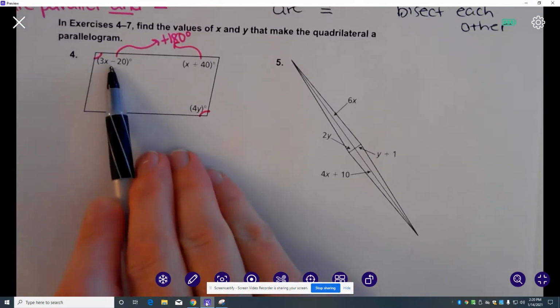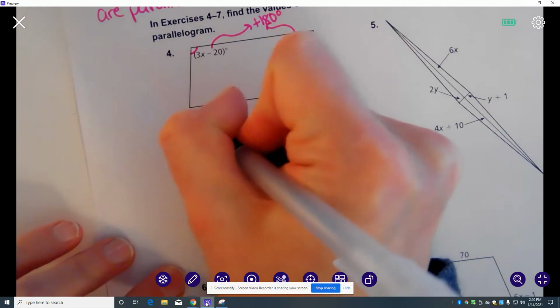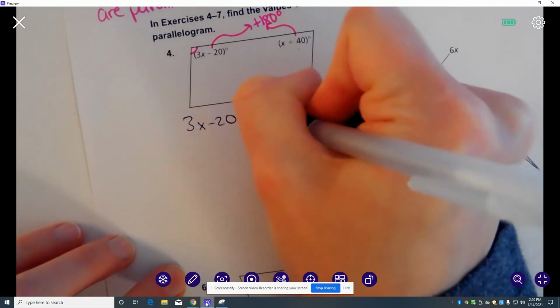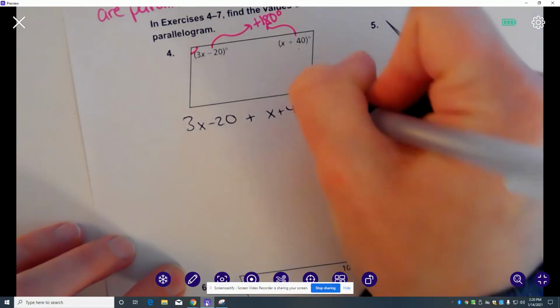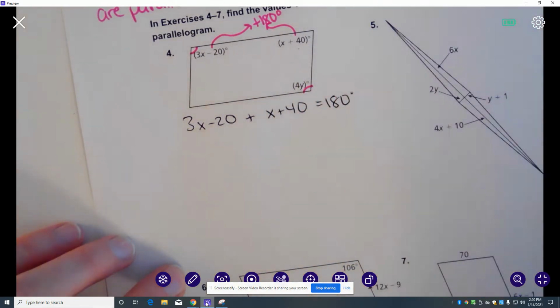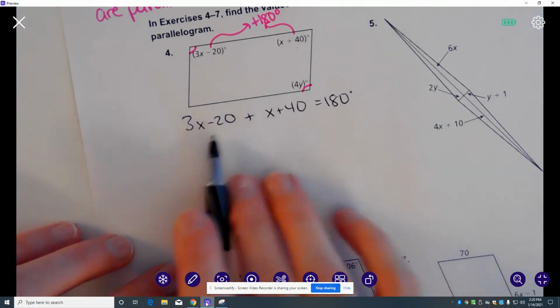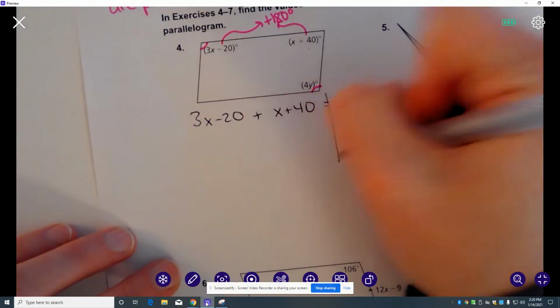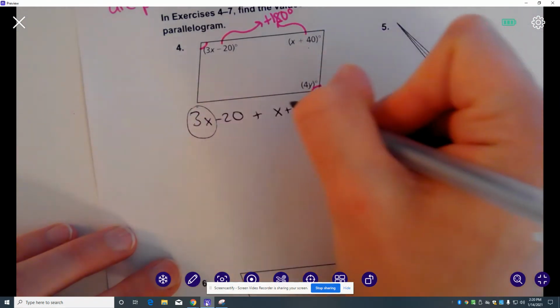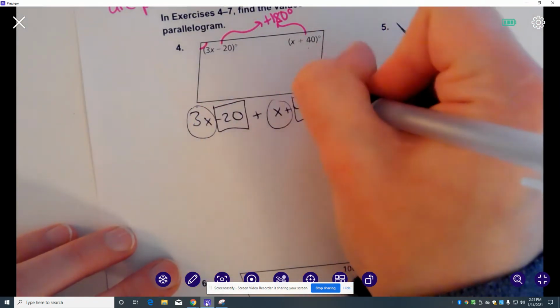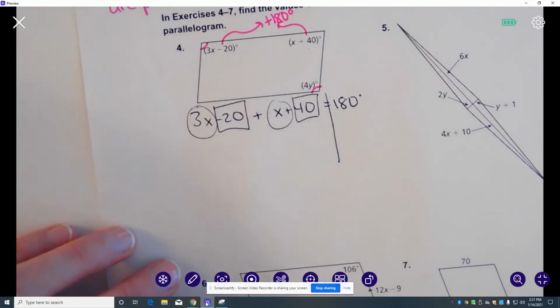I know that 3x minus 20 degrees, if I add that with x plus 40 degrees, it should equal 180 degrees. I can solve this equation because there's only one variable in it. I'm going to combine some like terms here. I can combine the x terms and negative 20 and 40.